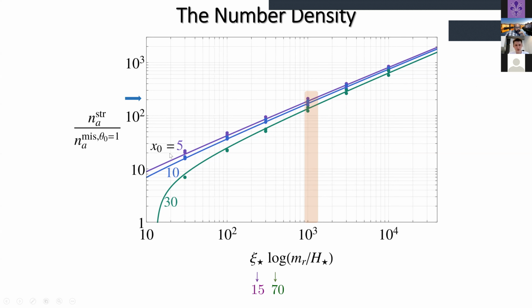And as you see, first of all, the analytic estimate is in very good agreement with the numerical result. And second, for the QCD axion, the number density from strings is enhanced by a factor of 2 times 10 to the 2, compared to the misalignment at theta 0 equal to 1. So this agrees both with simulations and with the analytic prediction we made before.